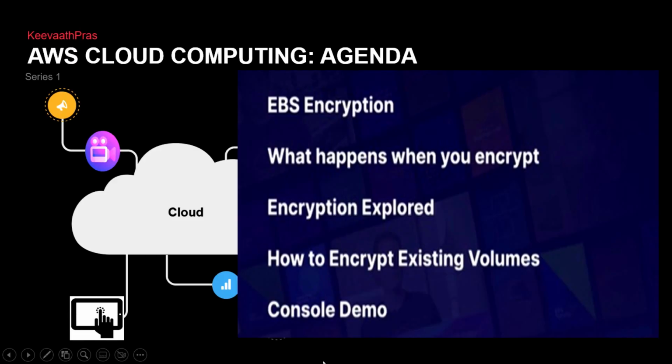So in today's lecture, we are going to see about EBS and how to encrypt it. Last time we saw how to copy from one region to the other region in EBS. Basically we create a volume, we create a snapshot, and then we copy that snapshot from one region to the other region.